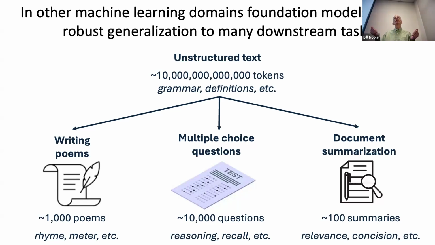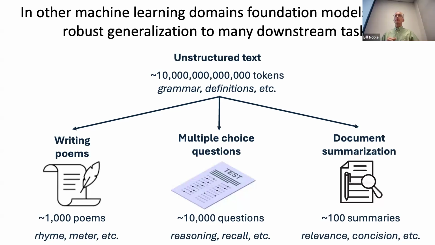And those lead to surprisingly rich representations that capture important semantic relationships between words, and they capture sentence structure and all the sorts of things that you find when you interact with a large language model. And to make it a foundation model, the idea is that it can generalize very easily to different tasks.